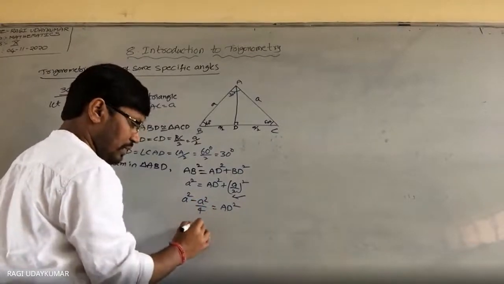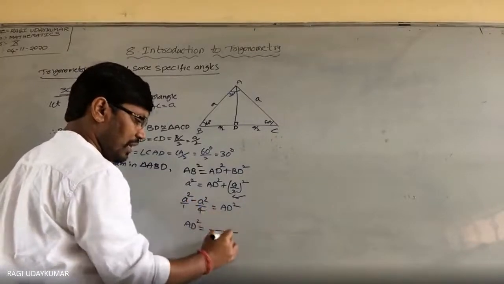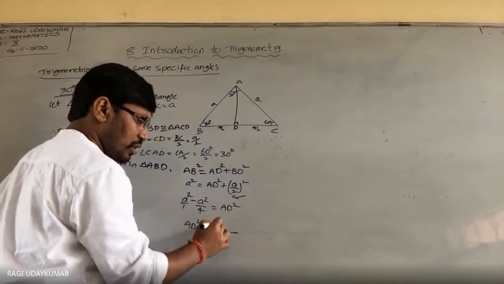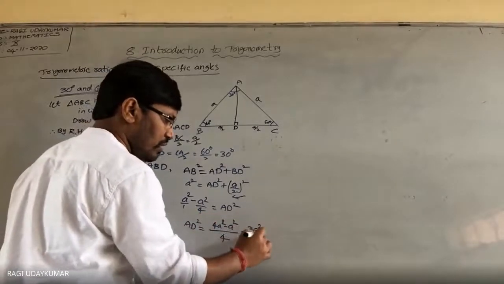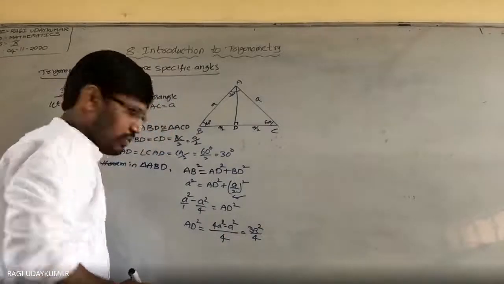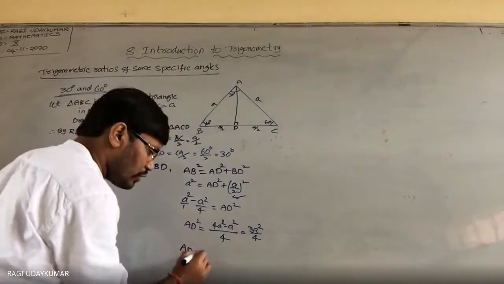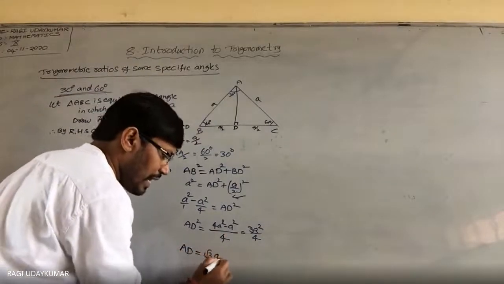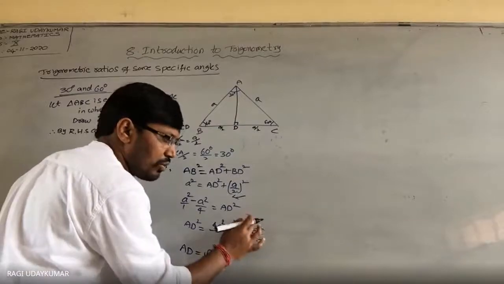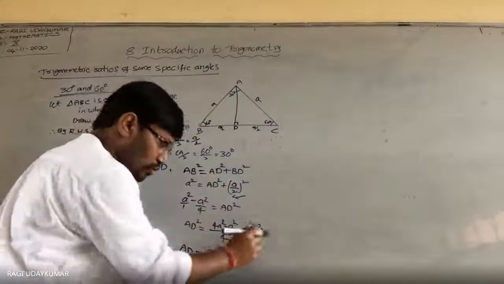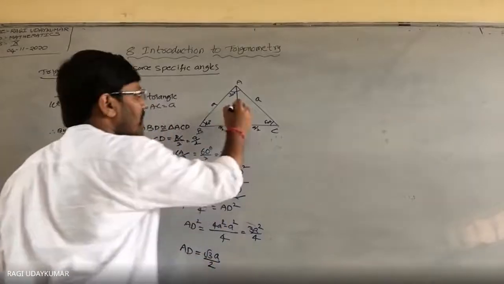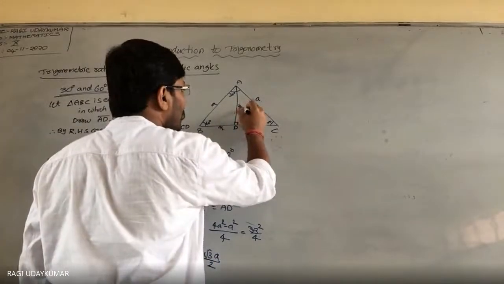Taking the LCM 4, we get 4a square minus a square, which is equal to 3a square by 4. So AD is equal to root 3 a by 2, taking the root: root 3, root a square is a, root 4 is 2.